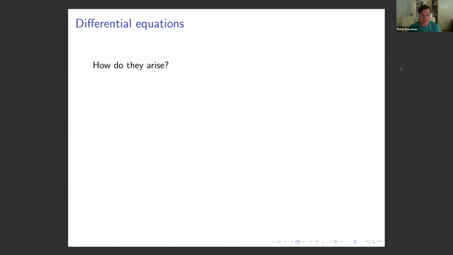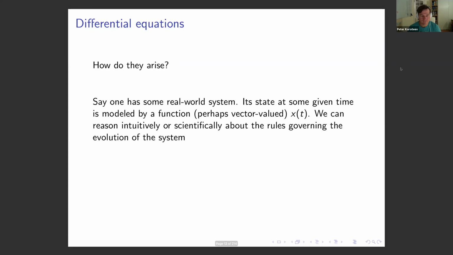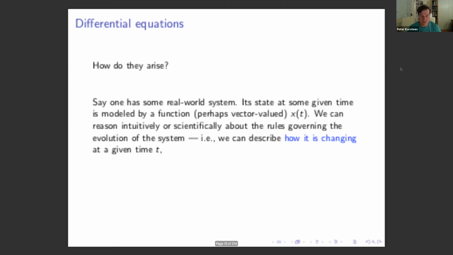How do these equations arise? Well, let me give you some examples. Say one has a real-world system. In its state at some given time, it's modeled by a function. Say it's a vector-valued function x of t, something that we're very familiar with from the linear algebra course. We can reason intuitively or scientifically about the rules governing the evolution of the system.